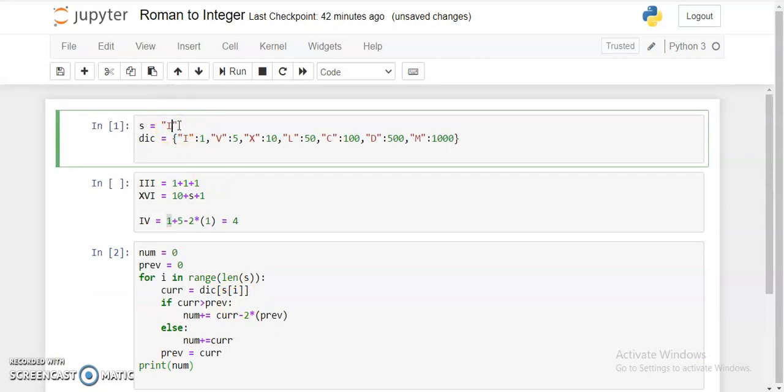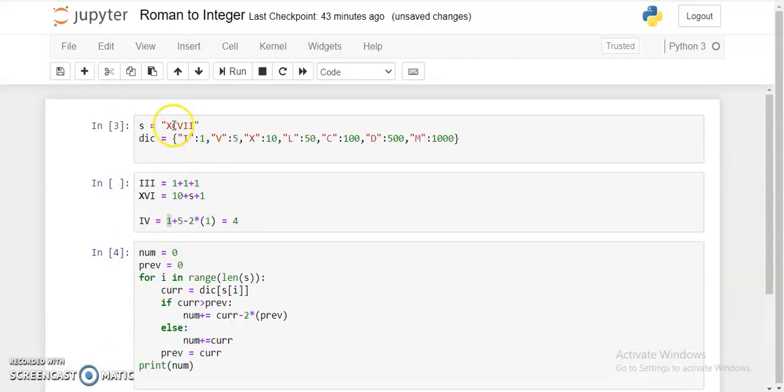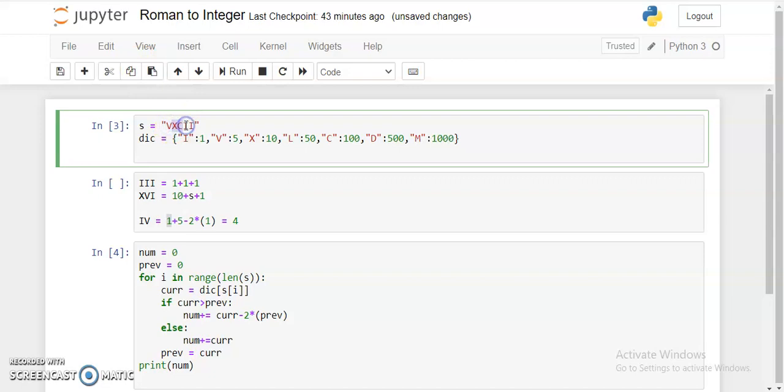Suppose we take some other number like XCVII. Let's see what the number would be. It is 97. As you can see, XC is 90, and this particular part is 7.